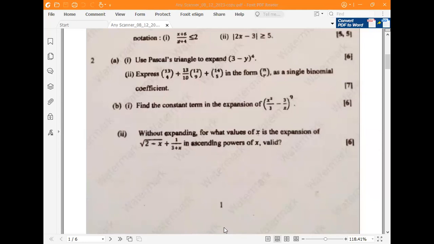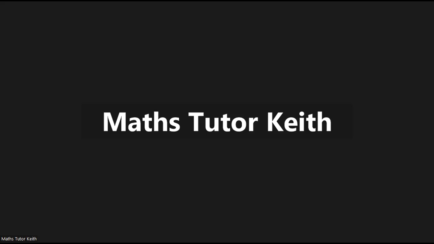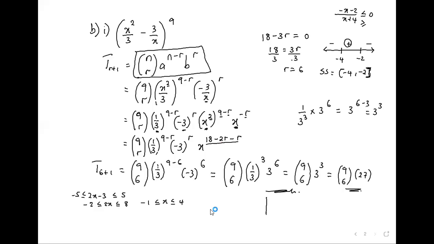So how do we get it? So we have, that was B part 2. Square root of 2 minus x plus 1 over 3 plus x.